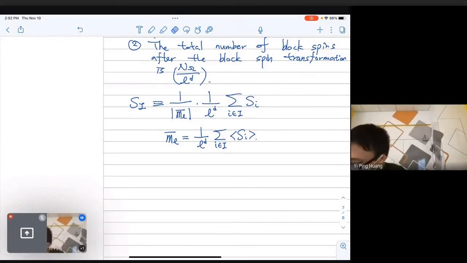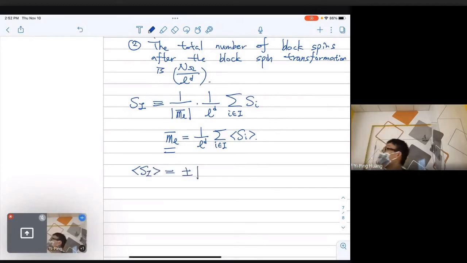It just means that this is a normalization constant, such that when you average over the block spin, you only get two possible values: either it is +1 because they have the same sign, or it is equal to -1.